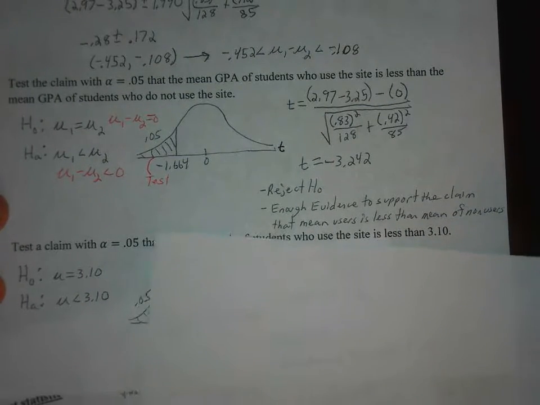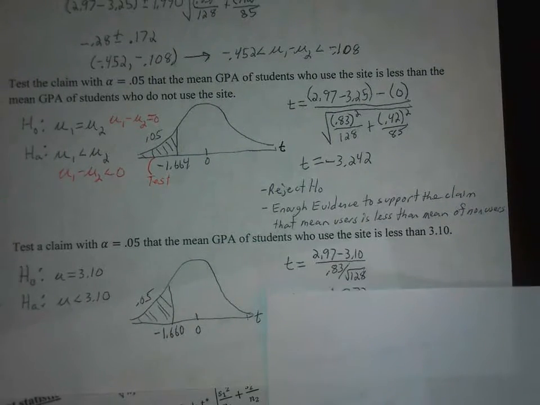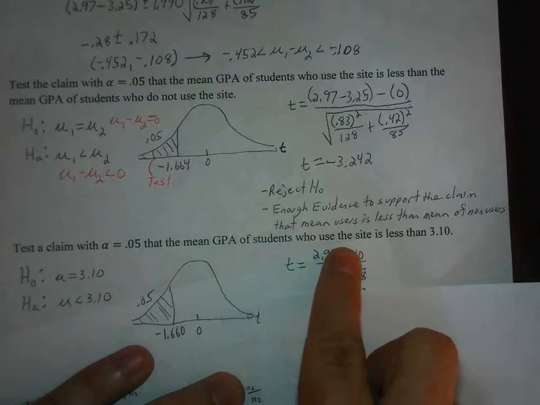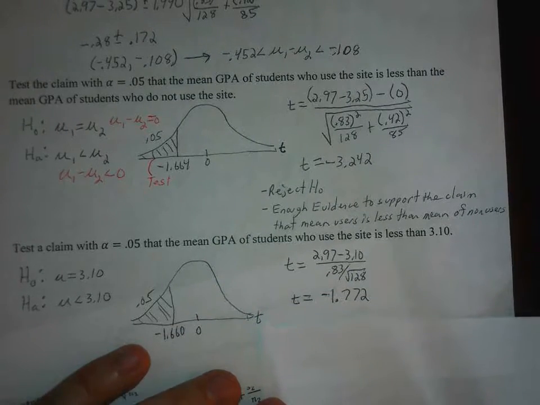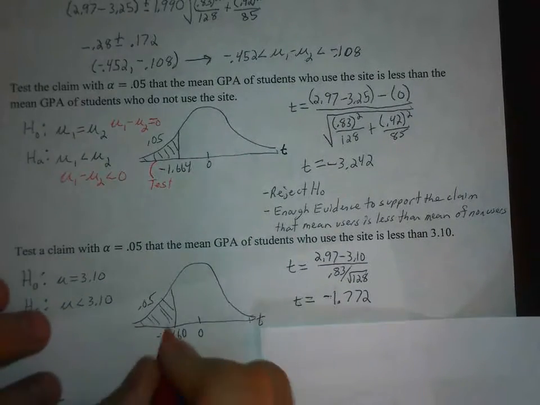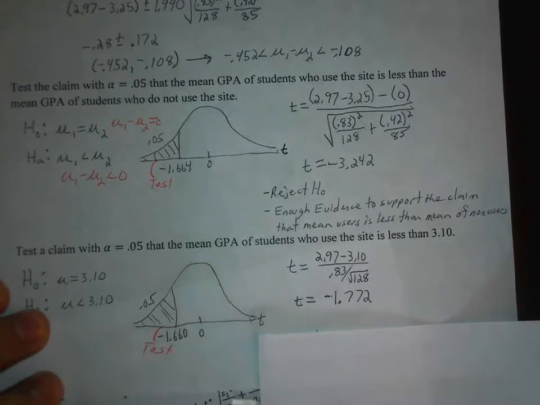Okay, so you create your rejection region again, and then calculate your test statistic. And remember, this test statistic is easier. X bar minus mu divided by s over square root of n. Okay, and then your test statistic is negative 1.772, which is in this rejection region to the left of negative 1.66.